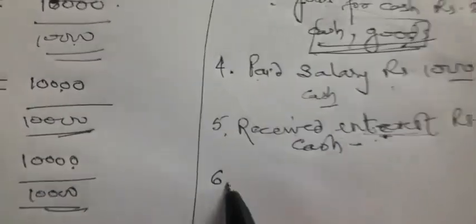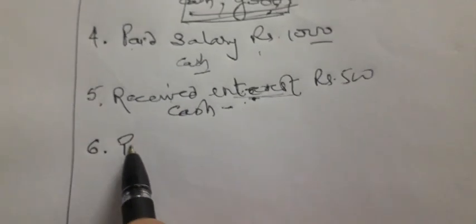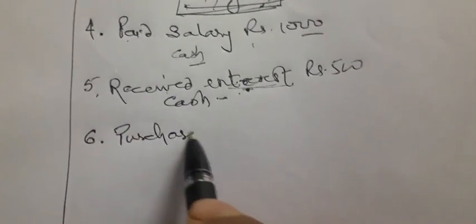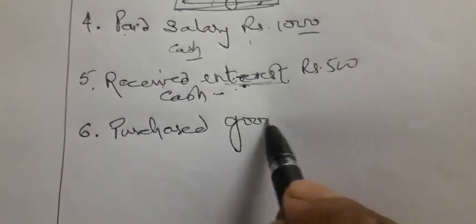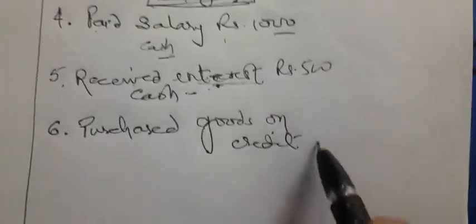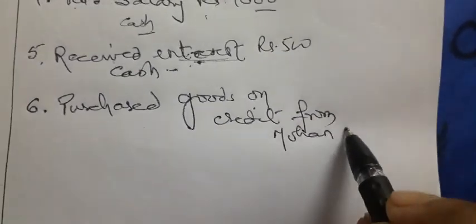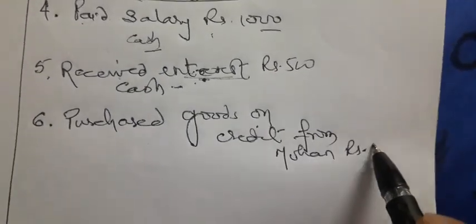Number 6. Purchased goods on credit from Mohan, rupees 2,000.